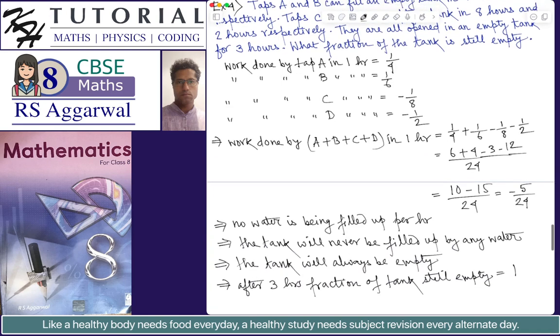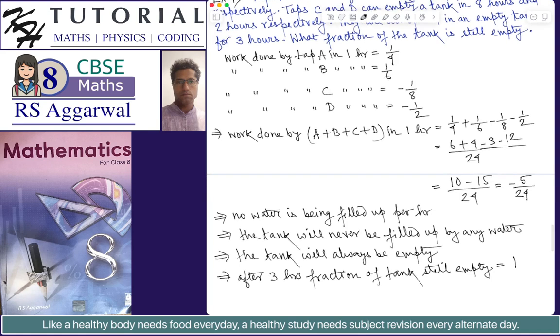But anyway, I hope you understood one thing, that if the work done per hour by some taps is negative, then it means that per hour no water is being filled in the tank, which also means that the tank will never be filled by any amount of water, no matter for how many hours the taps work.